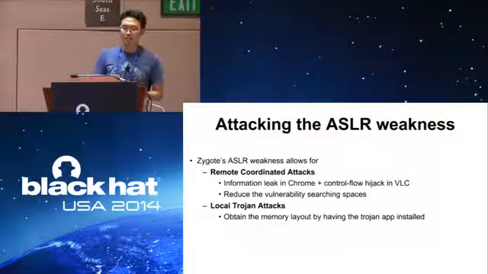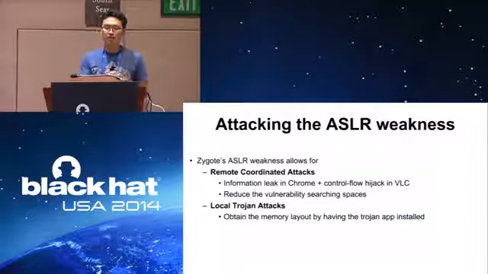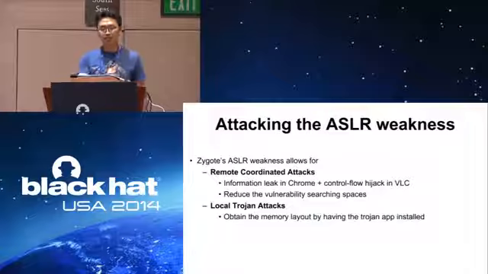The first is the remote coordinated attack. We are going to merge two different vulnerabilities. We attack the information leak vulnerability in Chrome, and then we attack the control flow hijack vulnerability in VLC, the media player. If we merge them, the ASLR information from the Chrome side is still valid on the VLC side.